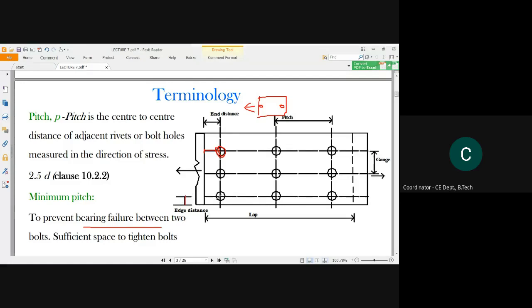Edge distance is the distance of the end bolt up to that edge, and it lies perpendicular to the stress direction. Okay, so the center to center distance perpendicular to the stress direction is gauge, and the end bolt to the last edge of the member is designated as edge distance. In a similar way, the pitch and the end distance lie parallel to the stress direction. Okay.